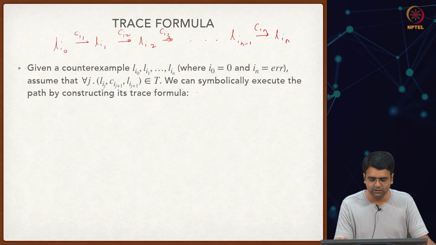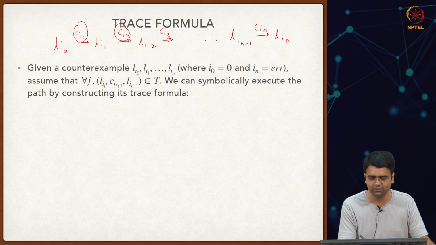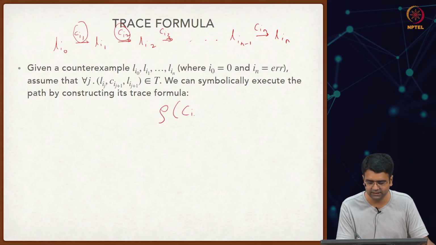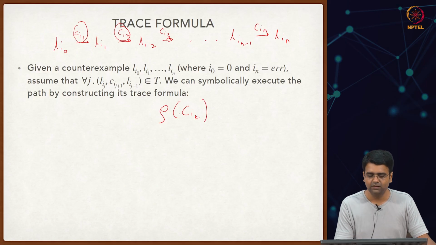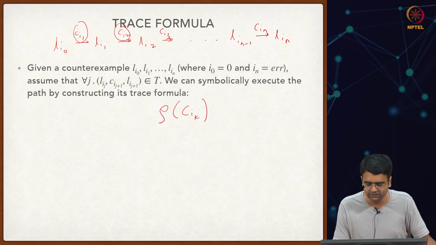What we will do is symbolically execute this path by constructing its trace formula. To construct the trace formula we are going to use the first order logic encoding of each of these commands, which is given by rho of Cik.